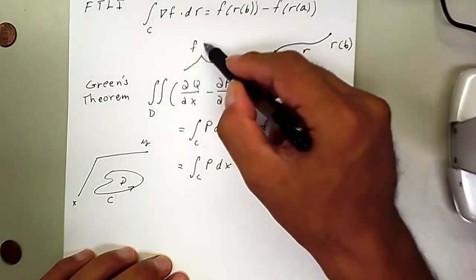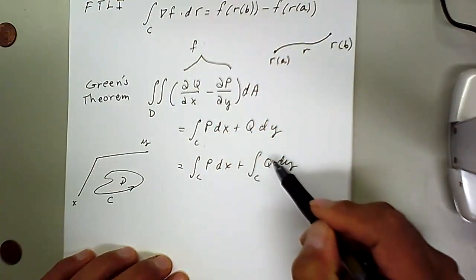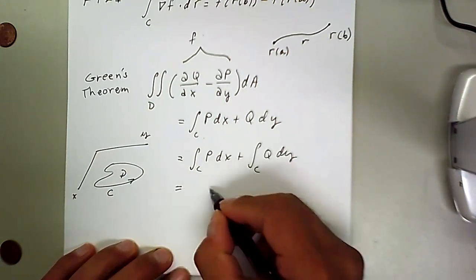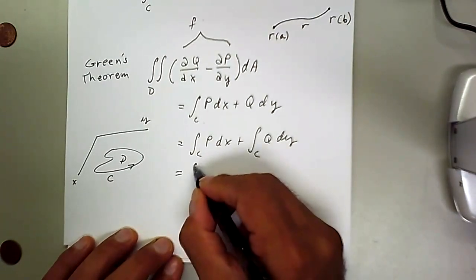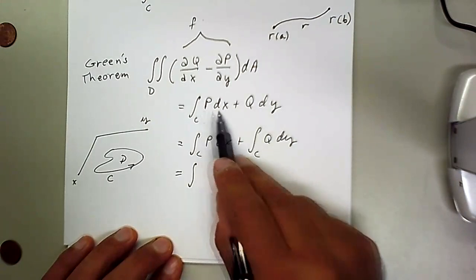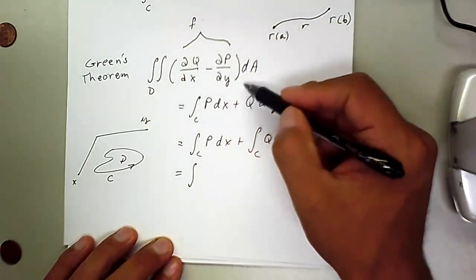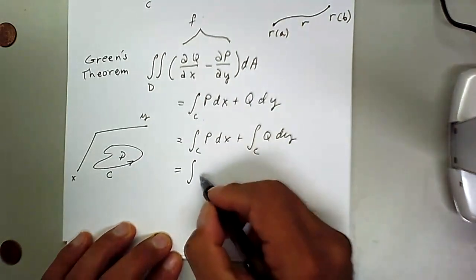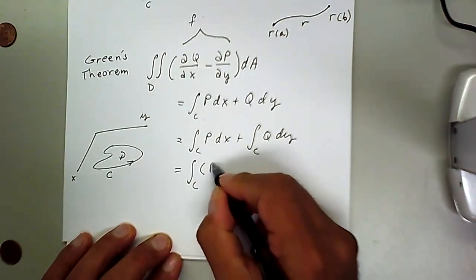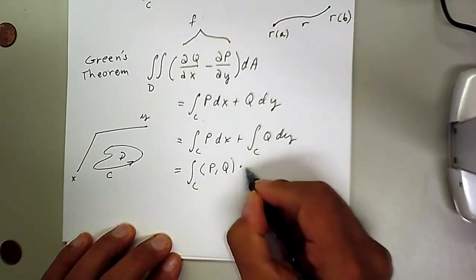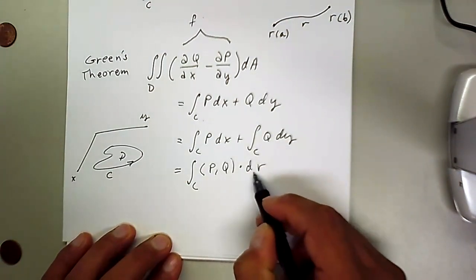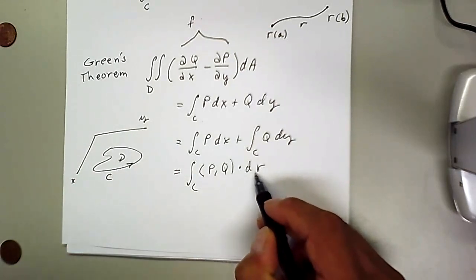In my opinion, even though books typically write just those two, this equal to that as Green's theorem, I think it's better to rewrite it as P comma Q dr, because dx, dy form dr. And we're assuming that r is a vector, so that makes sense.